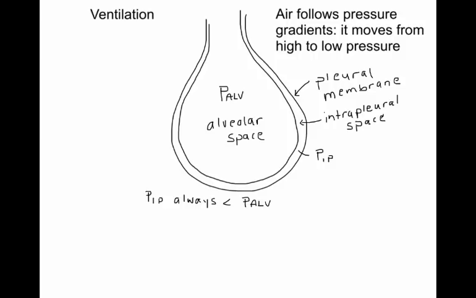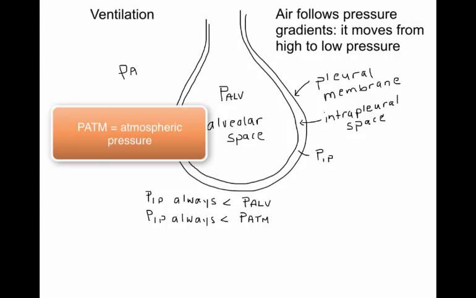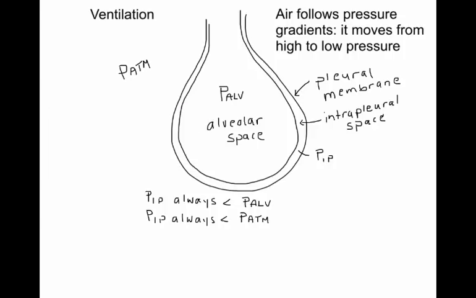And another pressure relationship that's always true is the intrapleural pressure is always lower than the atmospheric pressure, which we did not label on our diagram yet. So outside of the lung is where the atmosphere is, and of course this is where we can label our atmospheric pressure. And these two pressure relationships help to keep the lungs expanded.